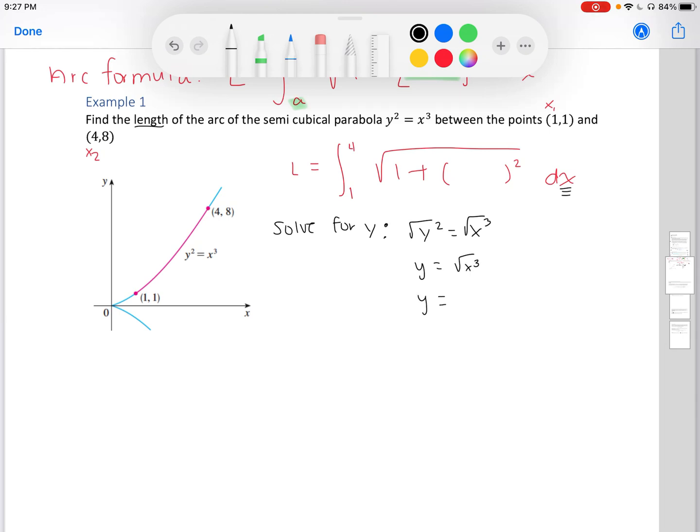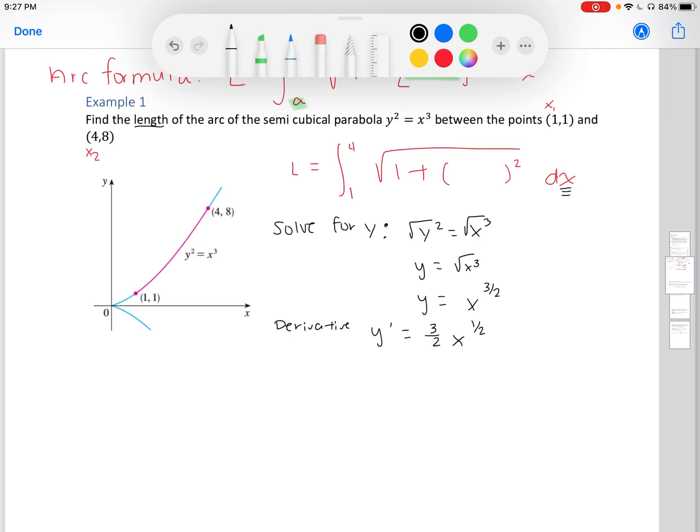Let's write it as a rational exponent, so x raised to the 3 over 2 power. Now that we solved in terms of x, let's go ahead and take the derivative. y prime is equal to 3 over 2 x, and then 3 over 2 minus 2 over 2, we get 1 over 2.